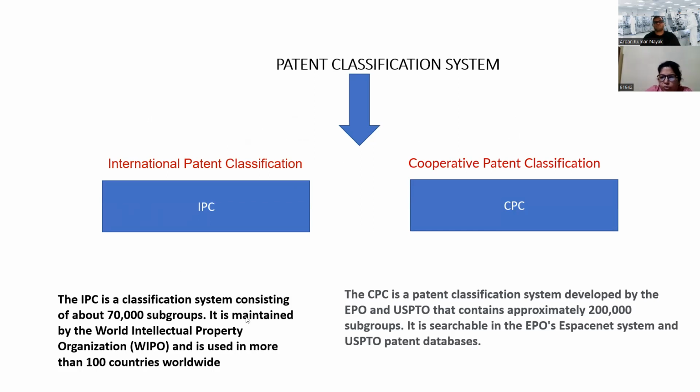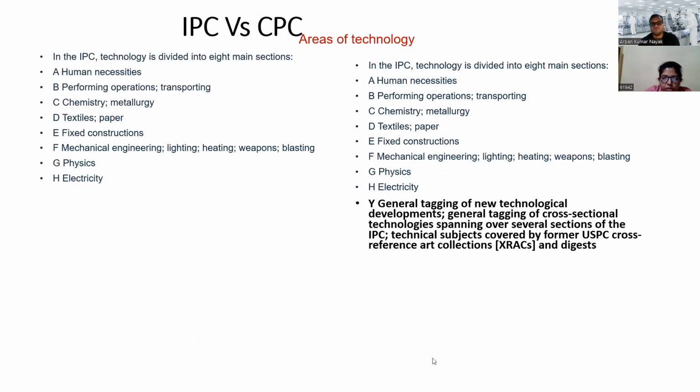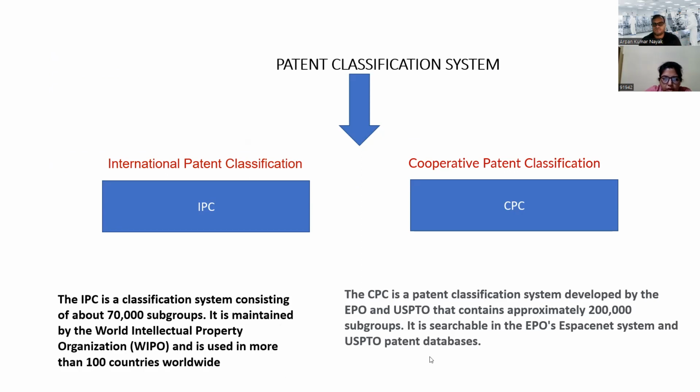What is the difference between these two? The IPC is a classification system which consists of nearly 70,000 subgroups. It is maintained by WIPO, the World Intellectual Property Organization, and is used in more than 100 countries worldwide. These are the facts about the international classification system.